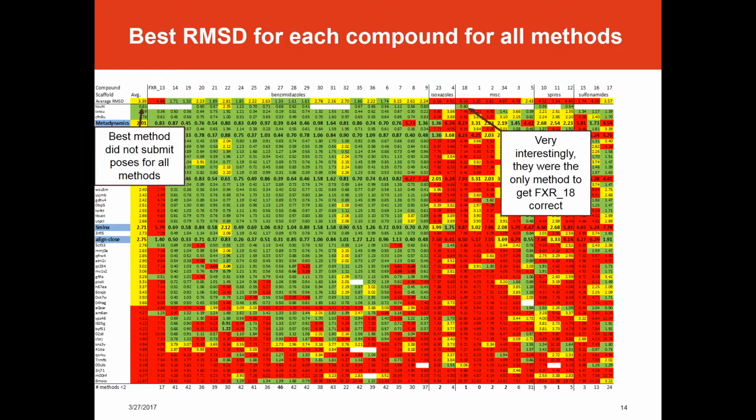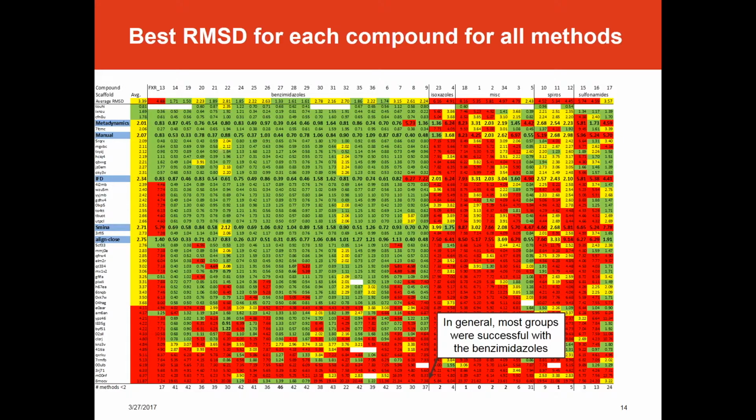One thing I would like to hear about is this TOUHI person who submitted this best method, because they did quite well, but didn't submit poses for all of them. But very interestingly, they were the only person to get a correct answer for FXR 18. So I'd be very interested to hear what they did.